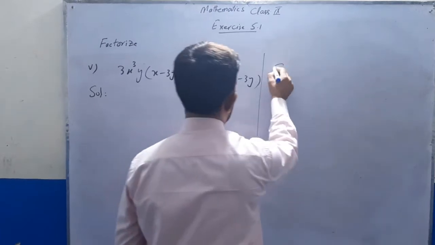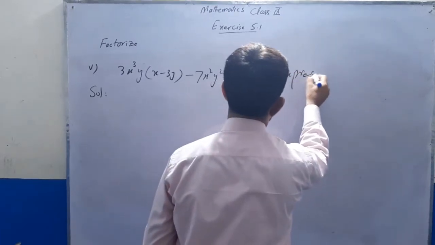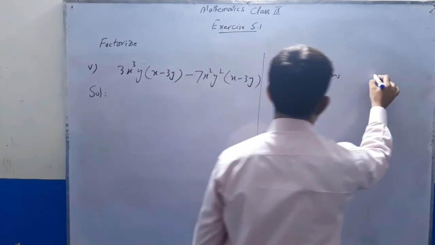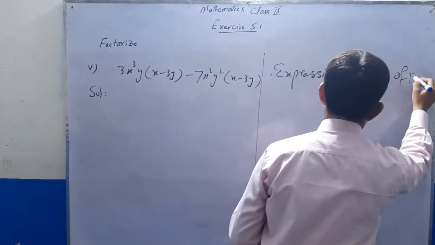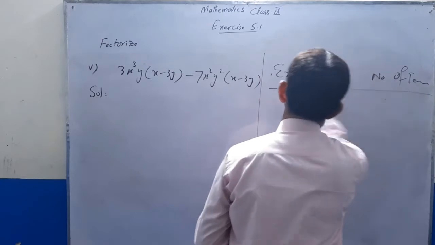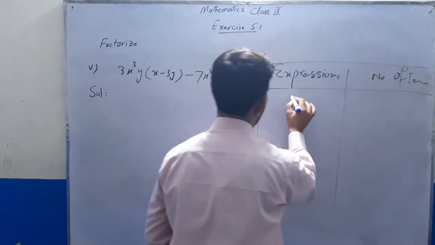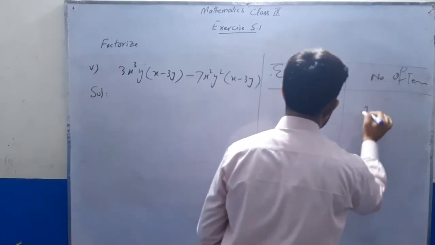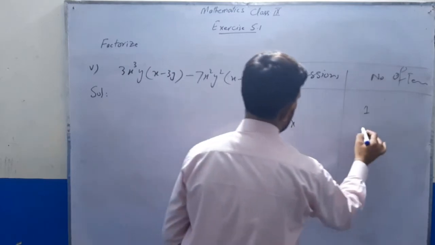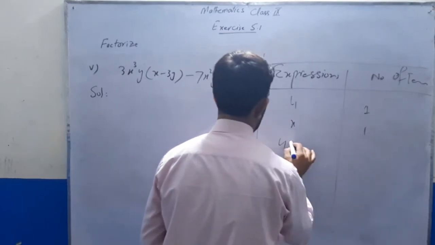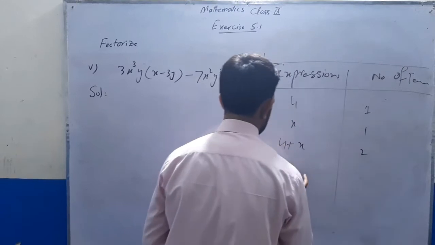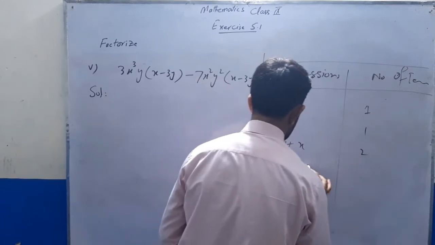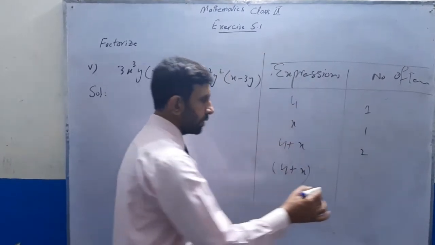Now we take some examples of terms first. Some expressions are written, along with their number of terms. If I write 4, it's a single term. x is a single term. 4 plus x is two terms. 4 plus x within the bracket is one term.